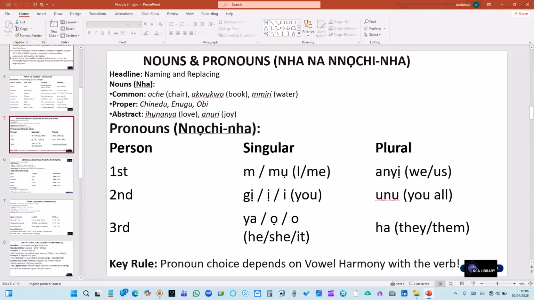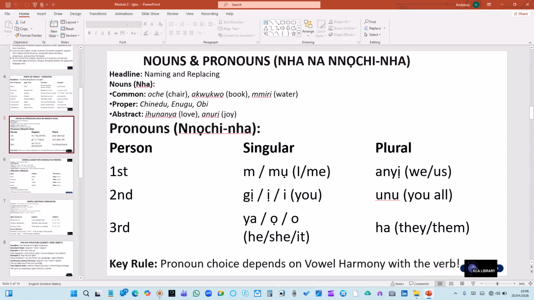Then we have pronoun, known as nnochiaha in Igbo language. Then the first person pronoun like m or mọ, which means I or me as the object. Then the plural of it, anyị, which means us or we. Then we have second person pronoun like gị, which means you. Or the plural form is unu, which means you all.